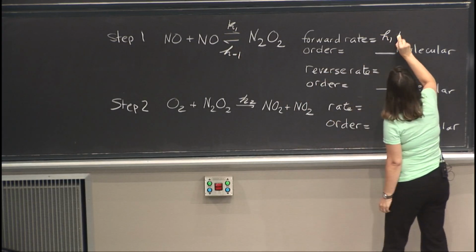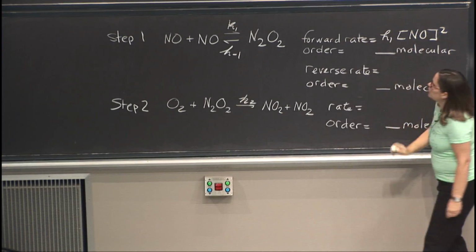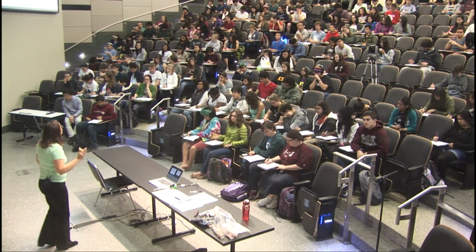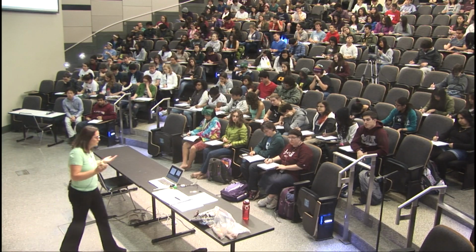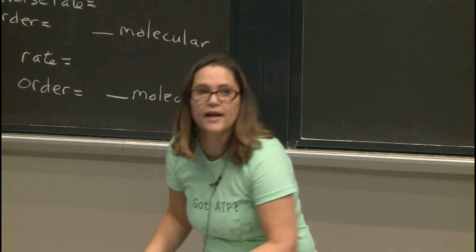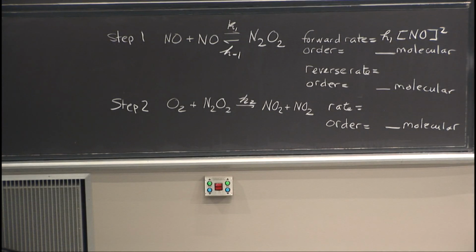So we have k1 times the concentration of NO to the 2. So we're writing it exactly as written. I said that for an overall reaction, you can't just look at the stoichiometry. You have to think about experiment. But for an elementary reaction, you can write it just from the stoichiometry. And so this is how we would write it just from the stoichiometry.